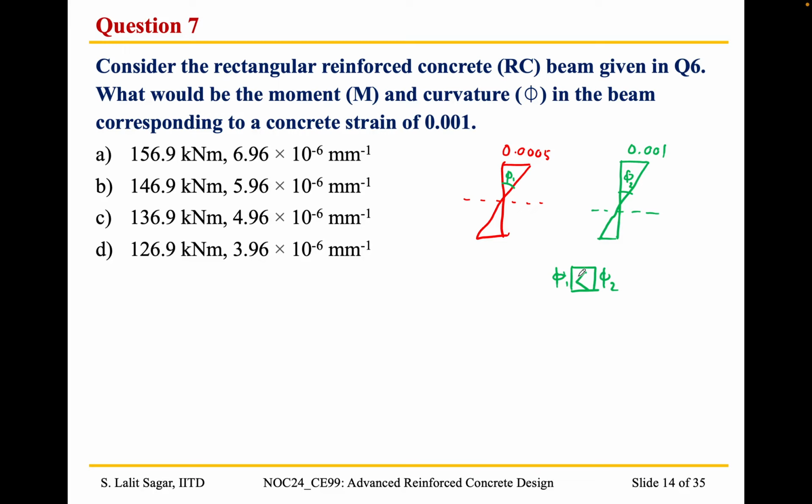Since phi 2 is greater than phi 1, this particular angle is slightly more. So if this is x1, the neutral axis depth, can you tell what would be the relation between x1 and x2? Not exactly 2 times.